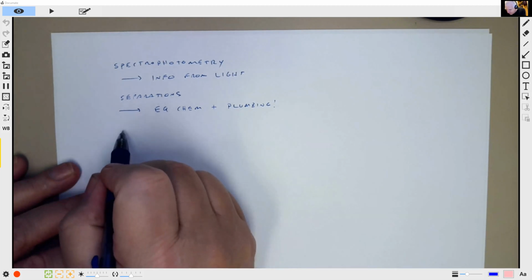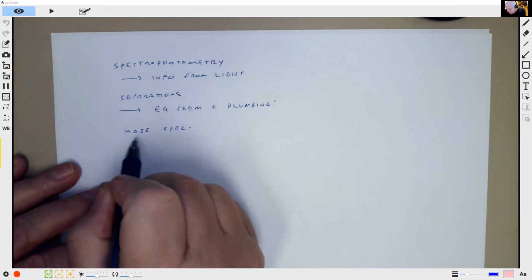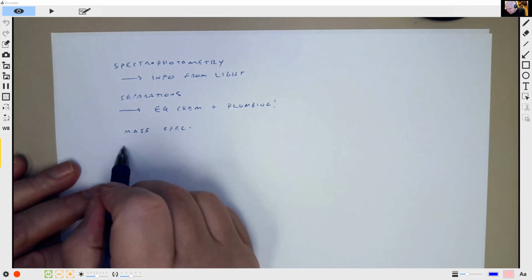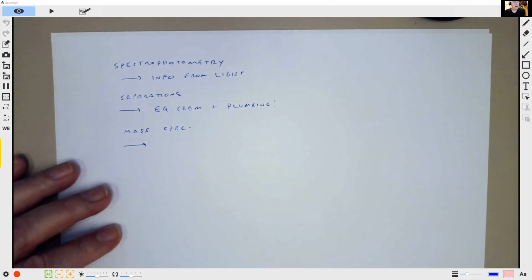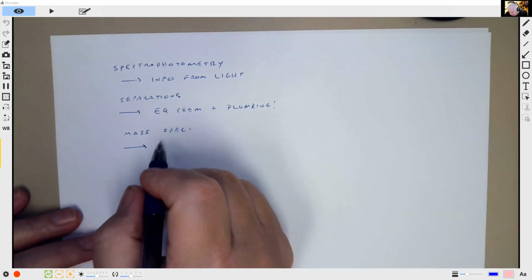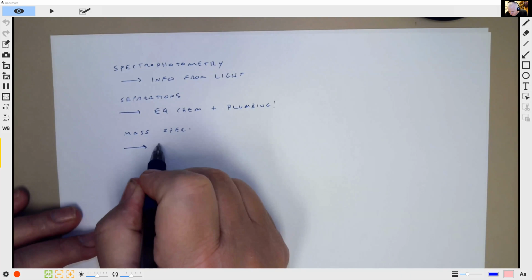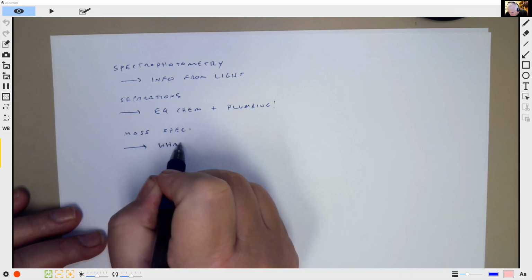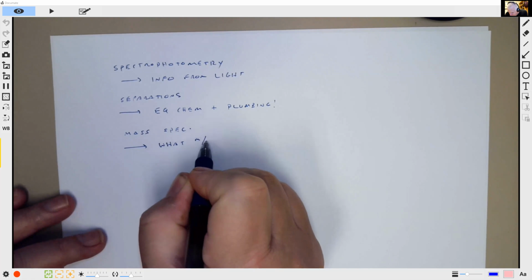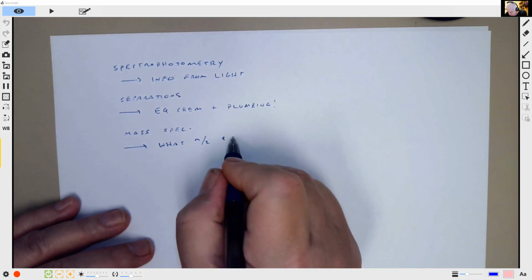And then the third major topic we could talk about is mass spectrometry, right? And mass spectrometry, as my friend Jim Gardner used to say, is like blowing things up and weighing the pieces. So this can tell you what masses, or what mass to charge ratios, are there, and to a little bit lesser degree, maybe how much, right?